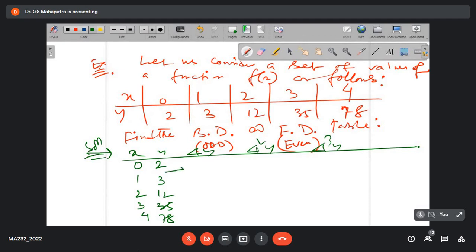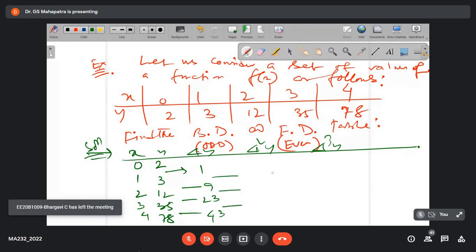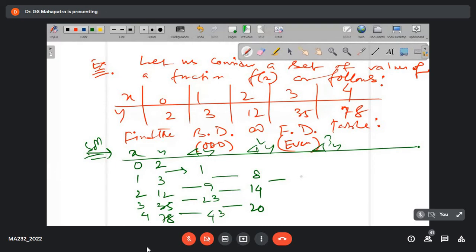So if it is diagonal, the first differences are 1, 9, 23, 43. Then the next is 8, 23 minus 9 is 14, next 20. And this one is 6, 6.